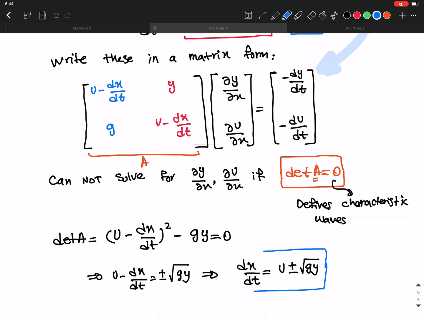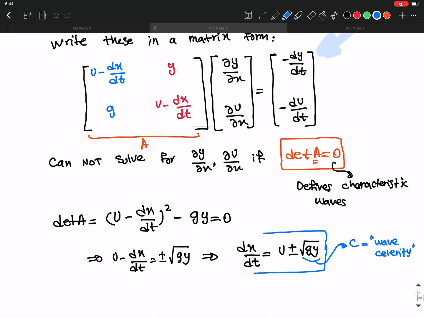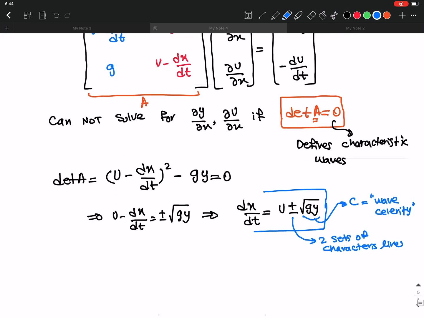So this square root of gy, we call this c, or wave celerity, wave speed. And this plus and minus show that we have two sets of characteristic lines, right?